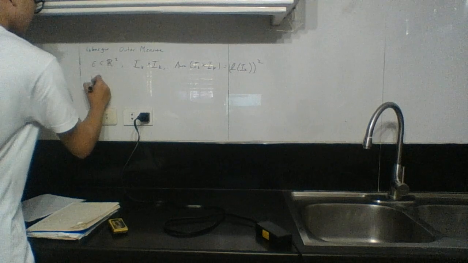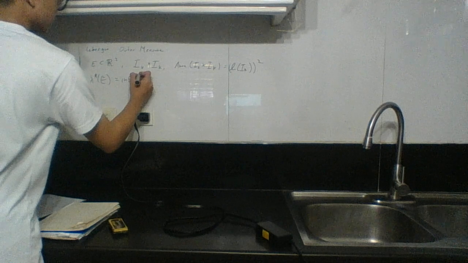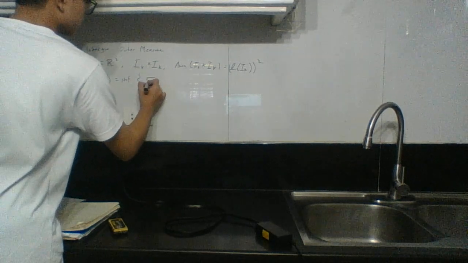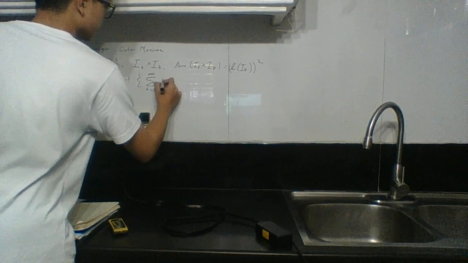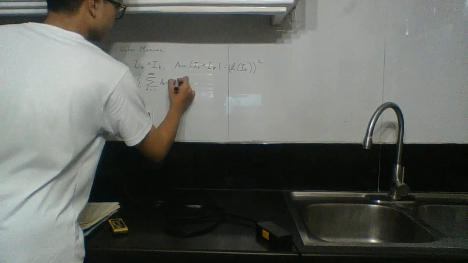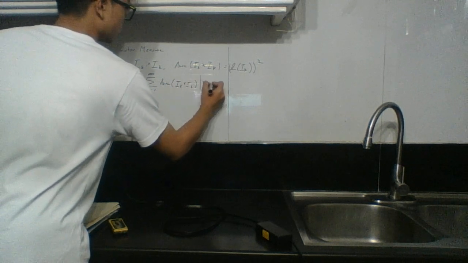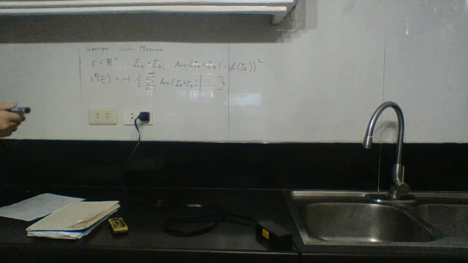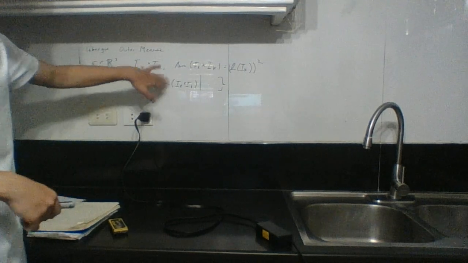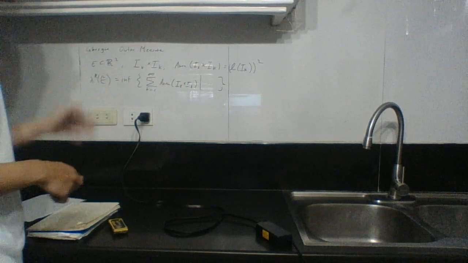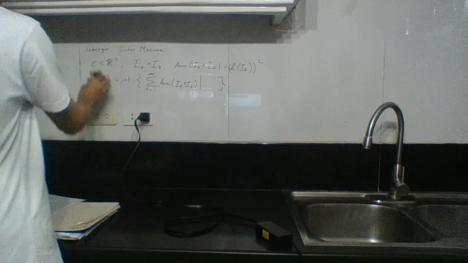So the Lebesgue outer measure of E is equal to the infimum of the infinite sums, n equals 1, of the areas of these I_k cross I_k, such that they are open in R^2 and that they cover E. So the union of all of these boxes covers E. There, the Lebesgue outer measure for R^2.